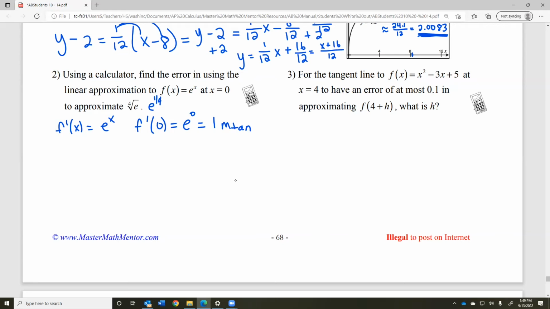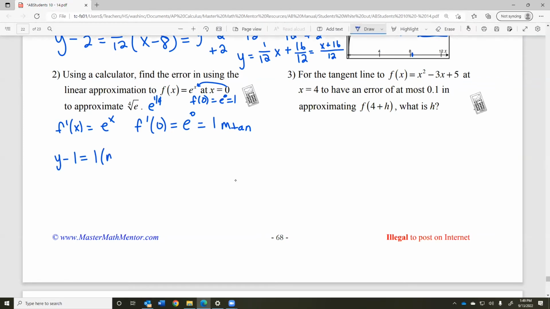We also need the y value. So if we were to plug 0 in, f of 0 is e to the 0, which is also 1. So we get y minus 1 is equal to the slope, which is 1, times x minus 0.